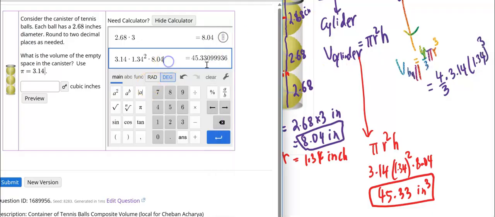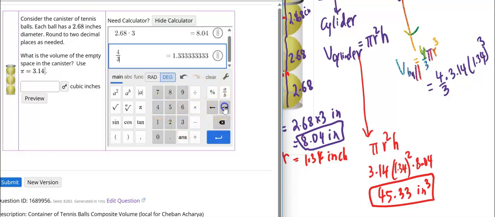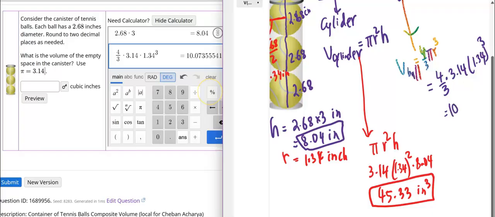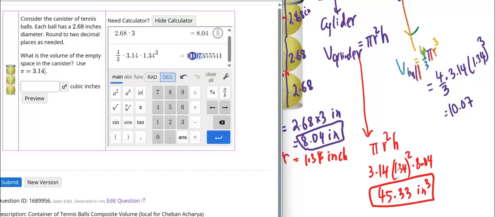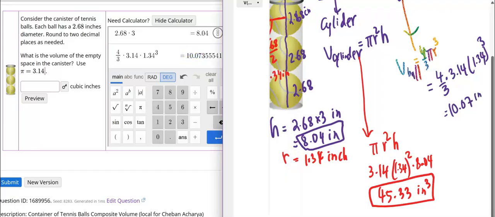So you put that in the calculator as well. 4 divided by 3 times 3.14 times 1.34 to the power 3, and this gives you 10.07. We rounded to 2 decimal places, inches cubed.